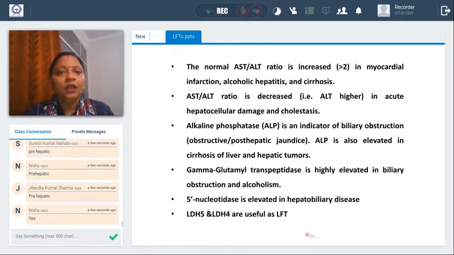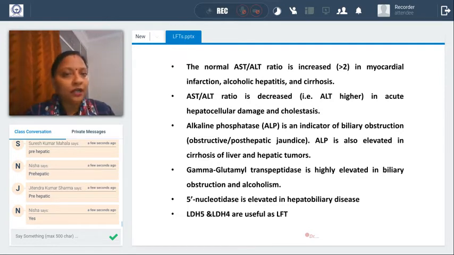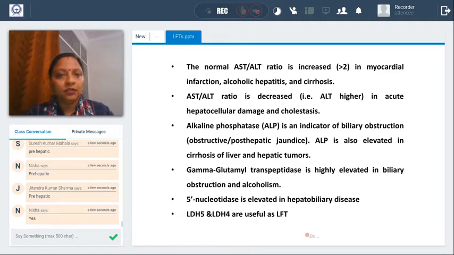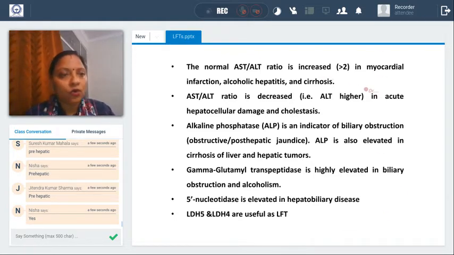The AST/ALT ratio, AST upon ALT, is increased greater than 2 times in myocardial infarction, alcoholic hepatitis, and cirrhosis. You have to remember these: alcoholic hepatitis and cirrhosis, where AST is more increased than ALT, so the AST/ALT ratio is more than 2.